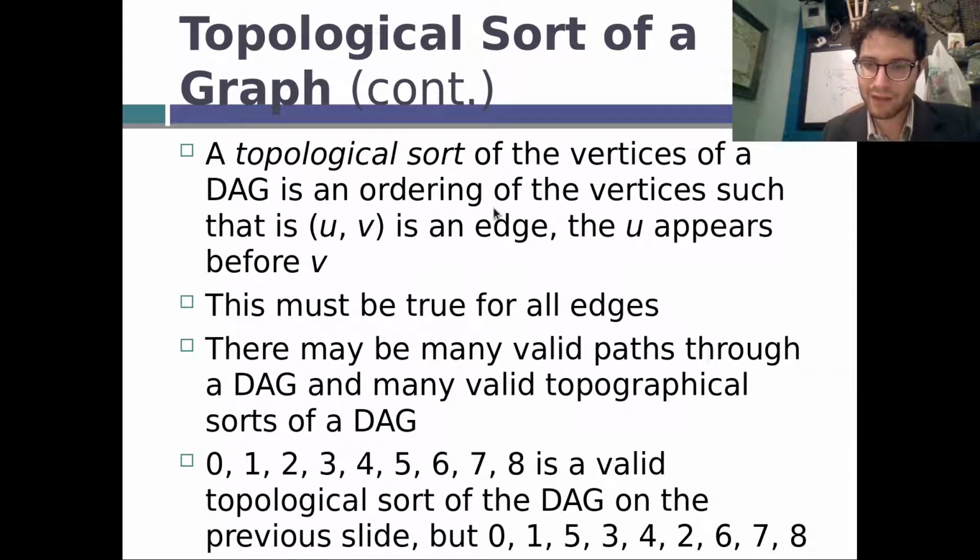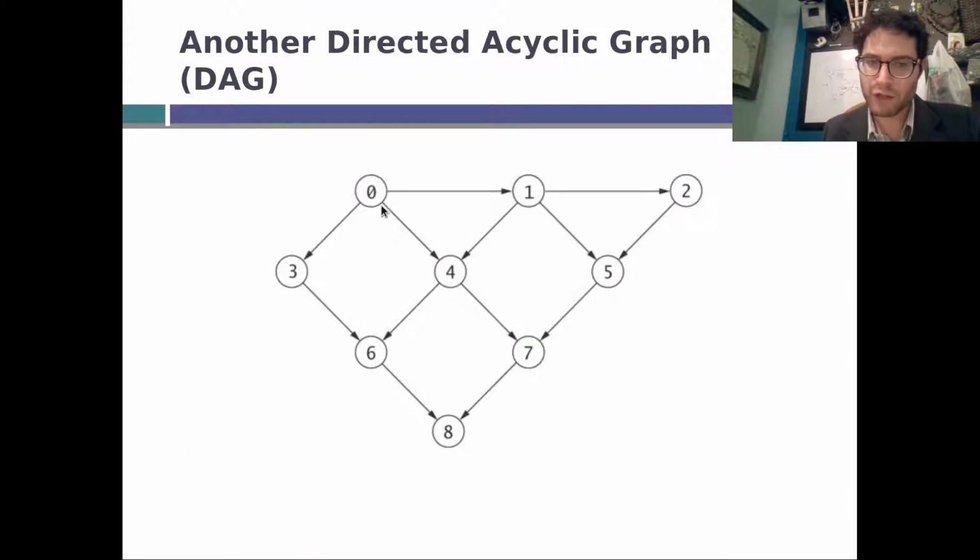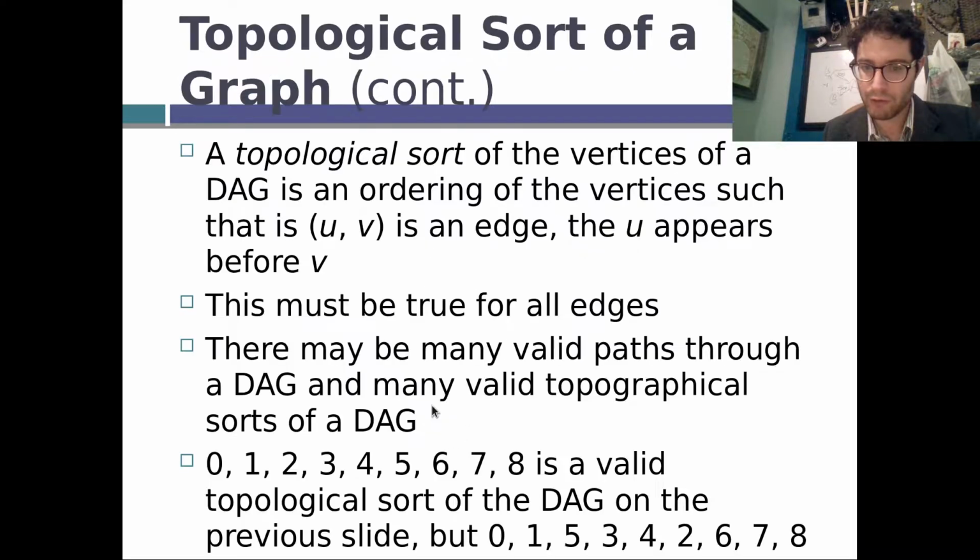That'll make sense in a bit. So this will be true for all edges. So long as there's many valid different paths to get through a directed acyclic graph, there's going to be many different orderings. If there's only one way through a directed acyclic graph, then there's only really going to be one ordering. And that will be the case in your homework.